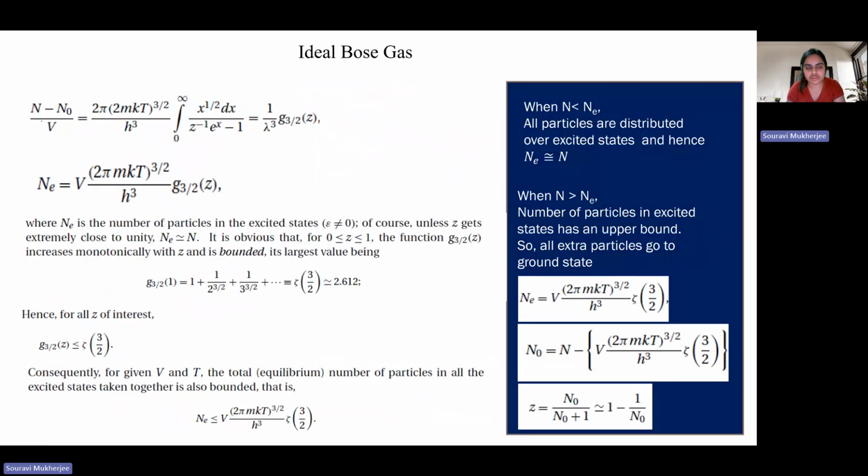In the limit where T is greater than Tc, you can approximate N minus N naught as N. So N by V would be given as G 3 by 2 Z by lambda cube. From here you can find an expression for lambda cube in terms of G, and you can replace it there.